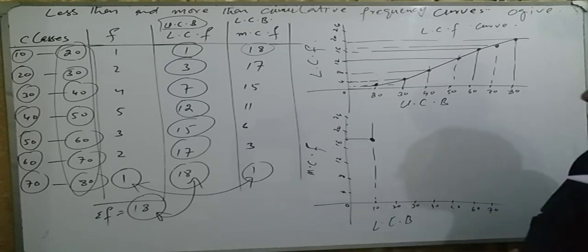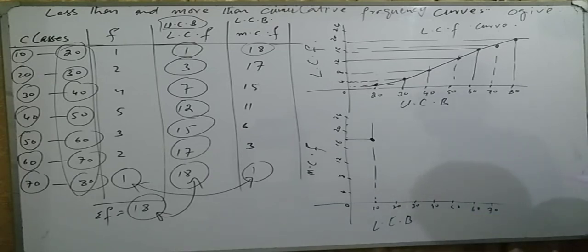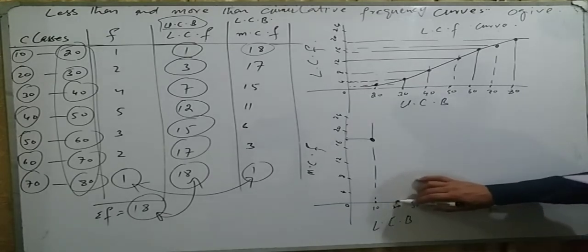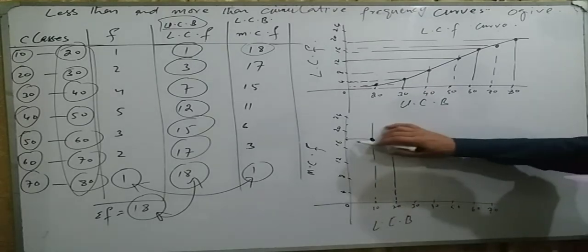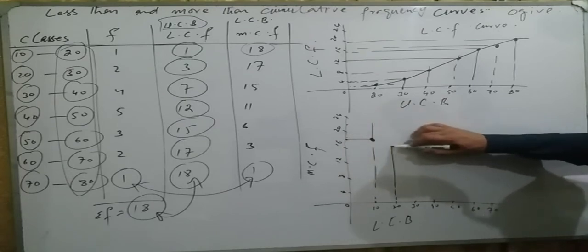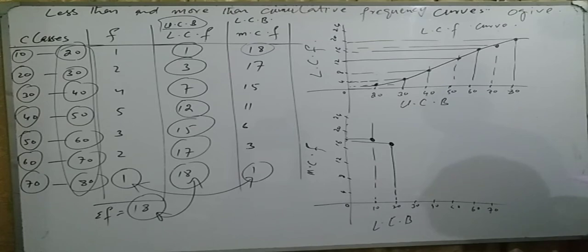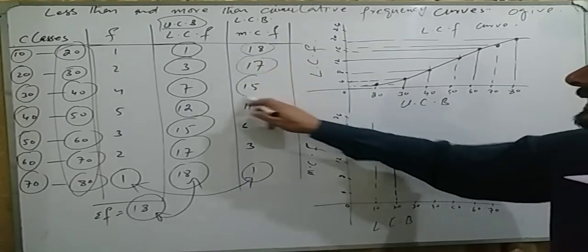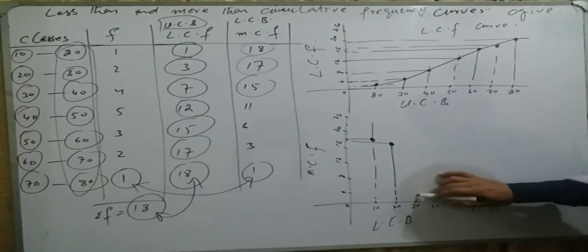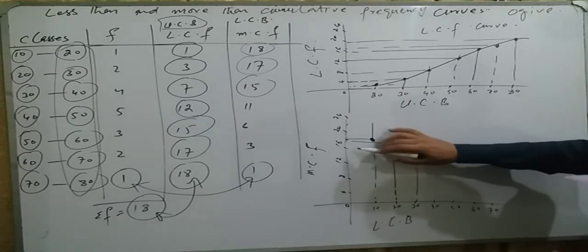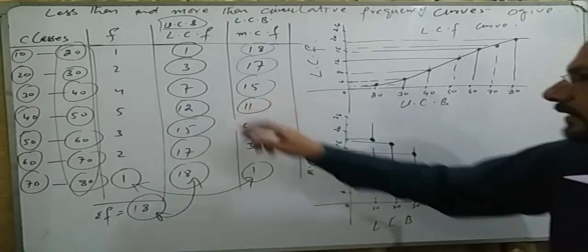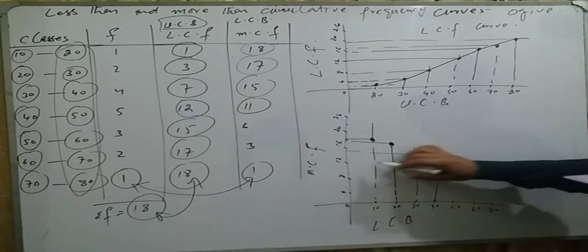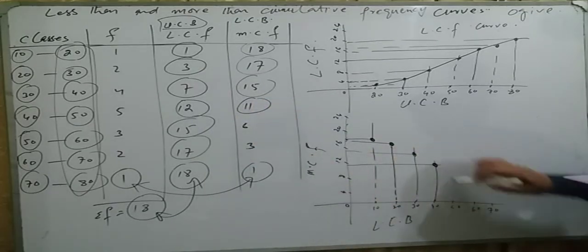Then 17 on 20, just below 18. Then 15 on 30, just below 16. Then 11 on 40, below 12.